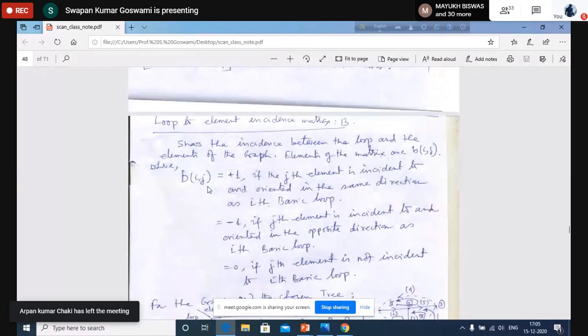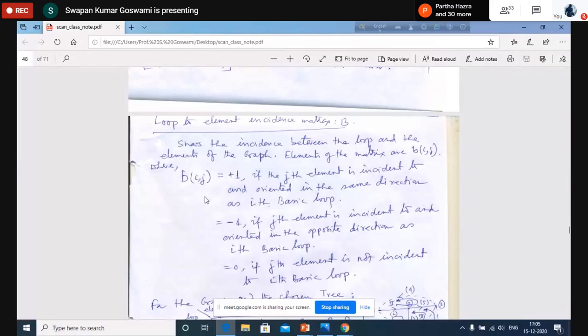First of all, the jth element has to be a part of loop i, then it will have +1 or -1. And if the orientation of the element and the orientation of the loop are different, opposite, then it will be -1.